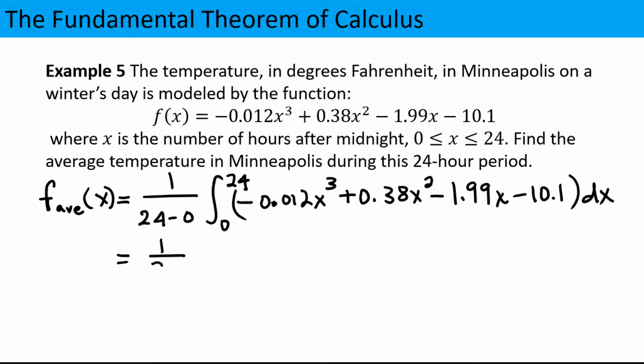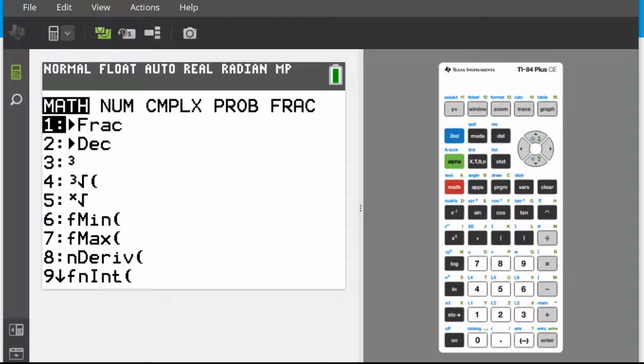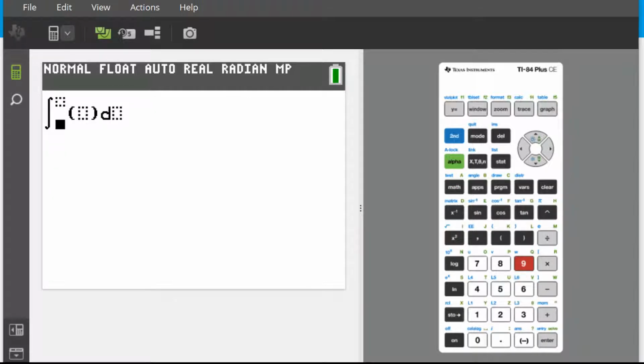Continuing, we have 1 over 24. Let's use our TI-84 to compute this numerical integral. The screen displayed is a TI-84 plus CE. We want to perform numerical integration. To do so, hit the math key and then select 9, which says FN int, to suggest integration.